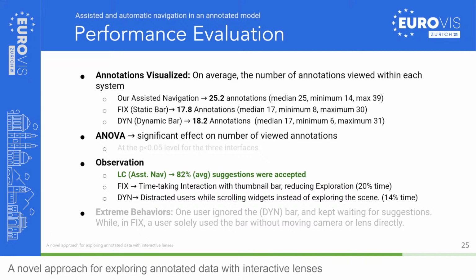Moreover, significant time was lost with the other two controllers during interaction with the bar and not the models, hence reducing the focus on the exploration. Regarding anomalies, extreme behaviors were also present with the thumbnail bar version, including not using the bars at all or using them as the only interaction method.